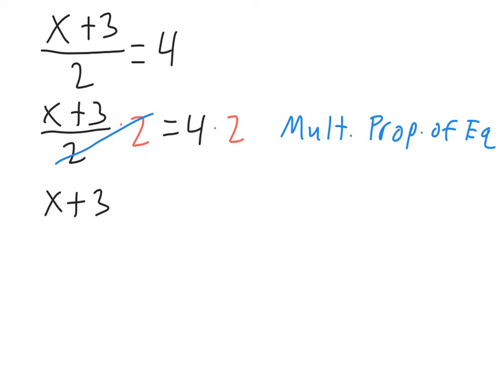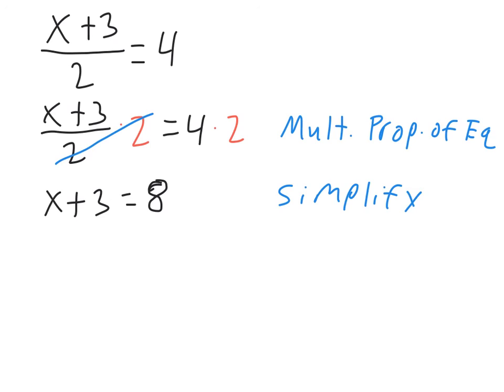Then, on the right side, we have 4 times 2, which is 8. And all we did there was simplify. Then we have x plus 3 equals 8.